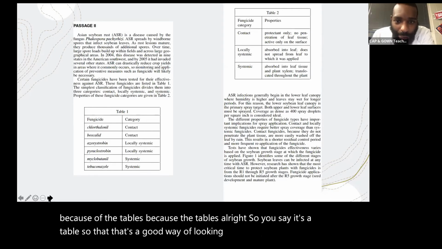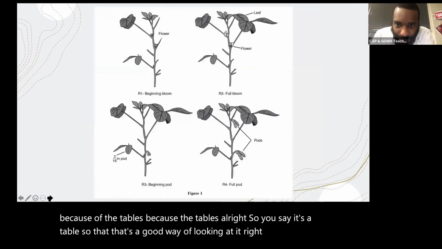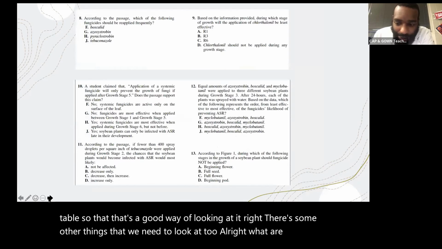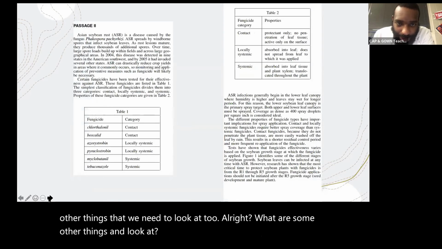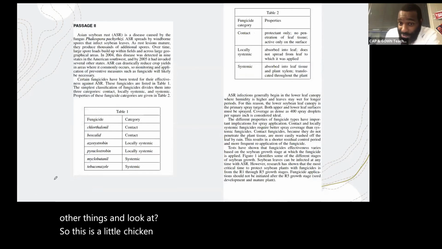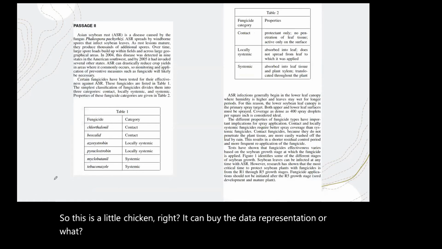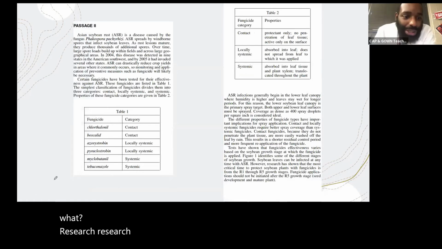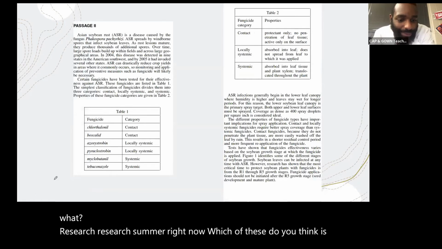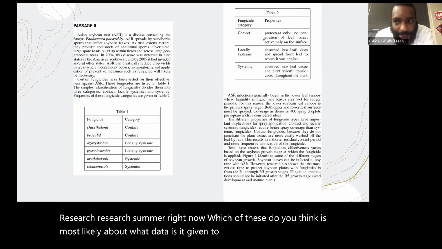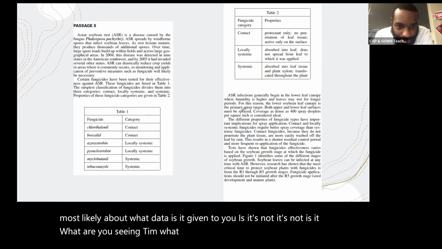There's some other things that we need to look at too. What are some other things we need to look at? So this is a little tricky one, right? It can be either data representation or what? Research summary, right? Now, which of these do you think it is most likely about? What data is it giving to you? Tell me what data you are really seeing.